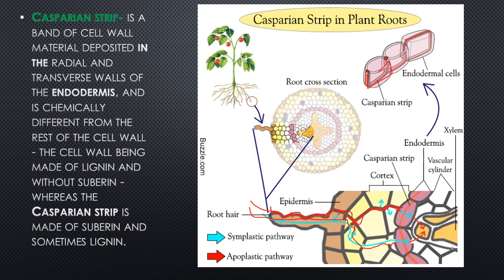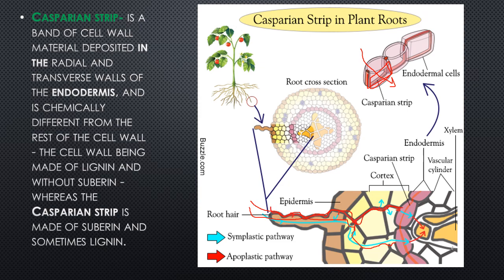It's on the outside edges, on the transverse walls, and it's just a waxy coating, so that if you are going through the apoplastic pathway, you get stopped at the endodermis, and then the water is forced to go in through the cell, and that's where regulation happens.